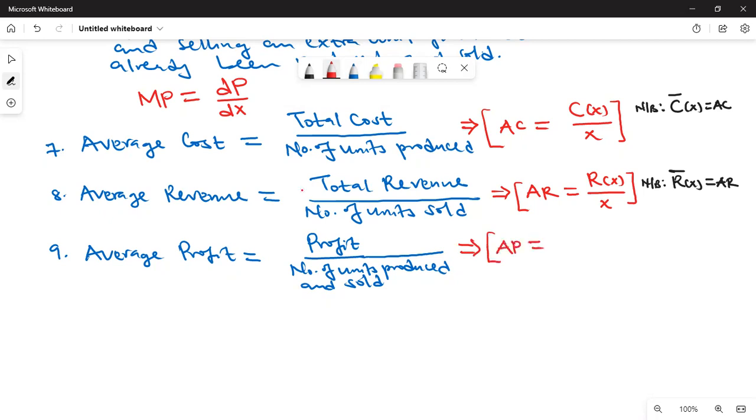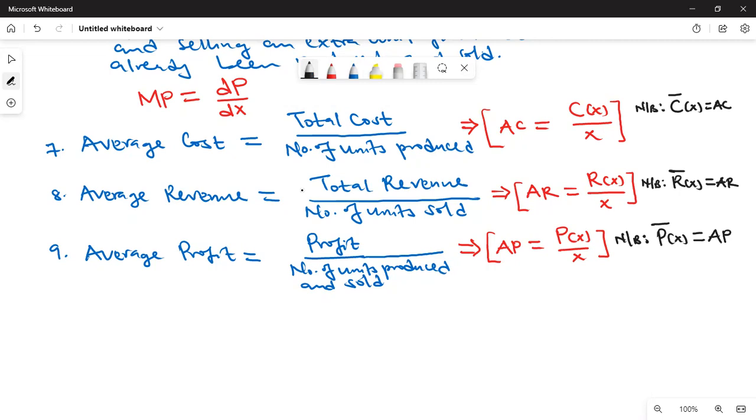It is equal to the profit function divided by X. And in some books, you'll find them using P of X bar. So you can now take note that P of X bar is the same as average profit.